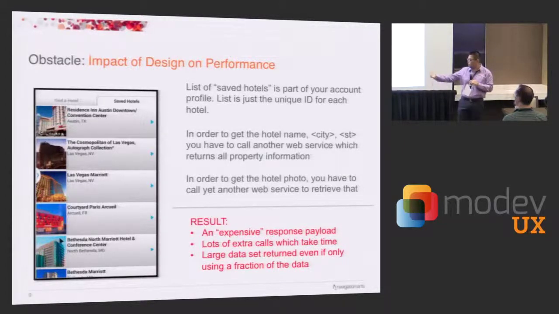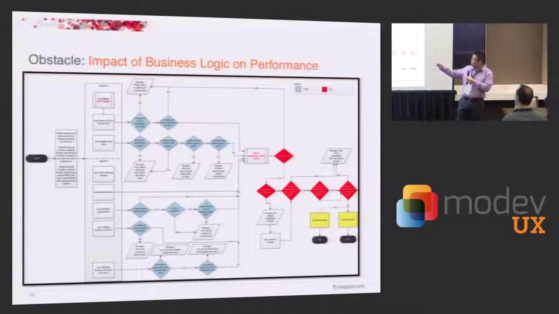One of the other impacts happens to be business logic. As convoluted as this process flow is, this is a simple availability search. If you're looking for a hotel at Marriott with dates, these are all the decision patterns that have to be gone through. There are required fields, optional fields, and scenarios based on whether you're a member or not, or using special rates or not, that have to be decided.